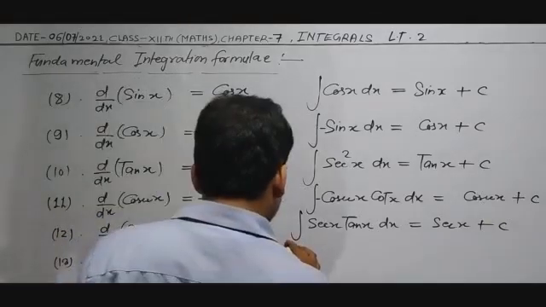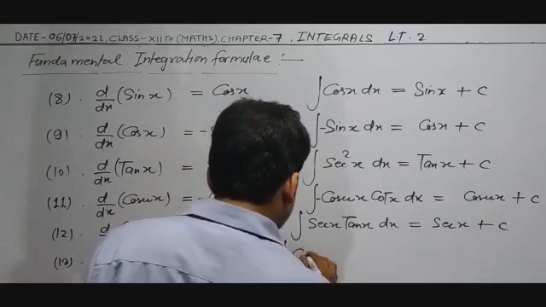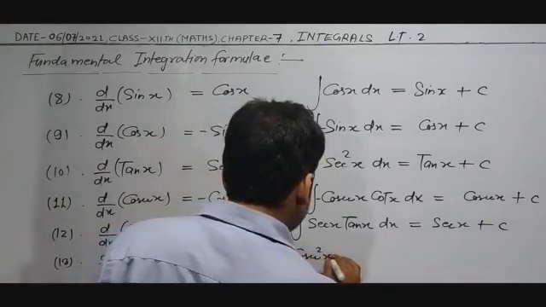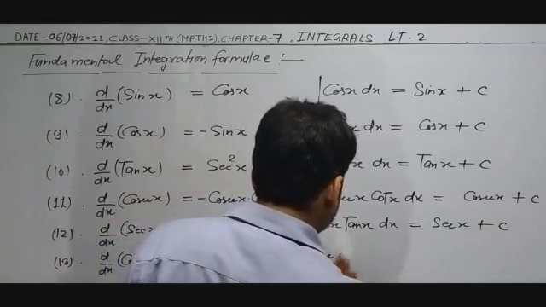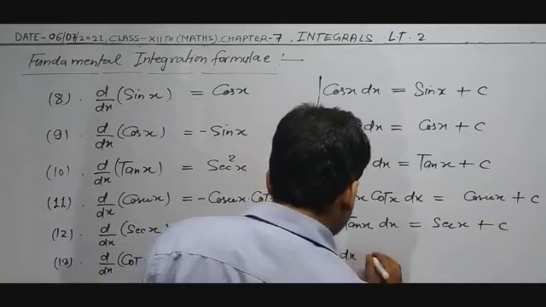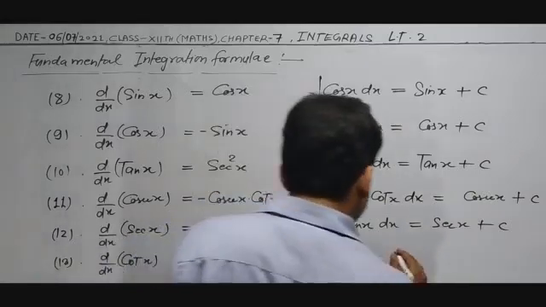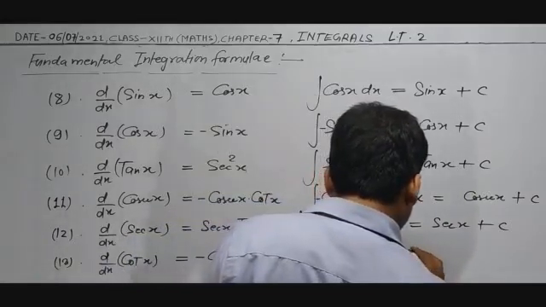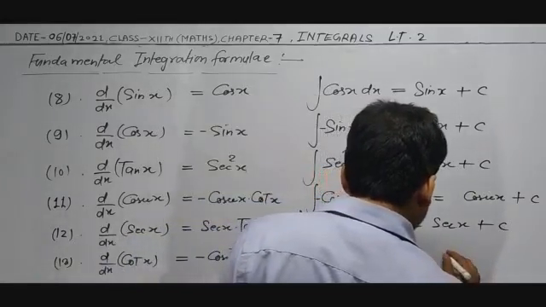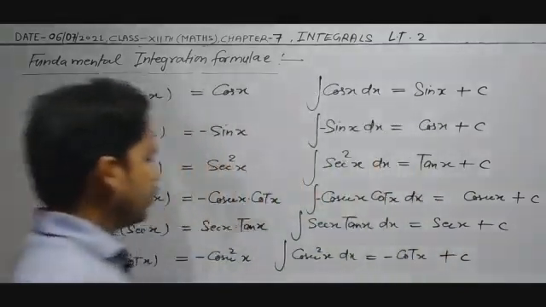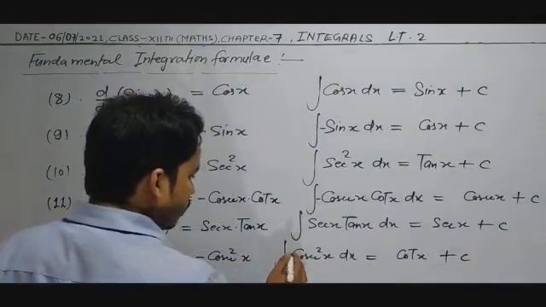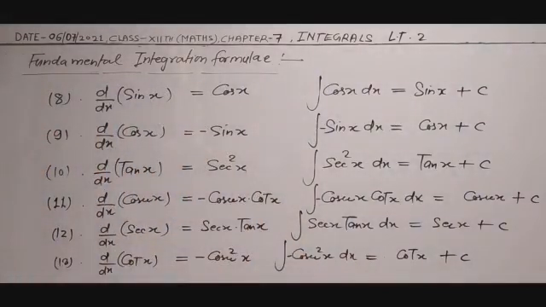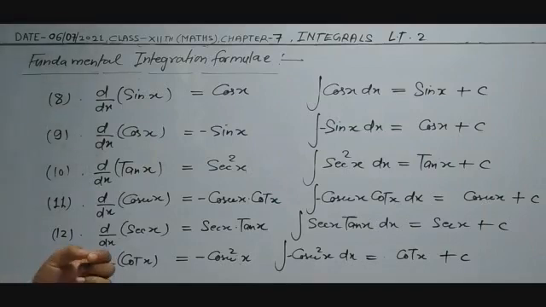So now integration of cosec square x dx will be equal to minus cot x plus c, and minus you can write here. So integration of minus cosec square x dx is equal to cot x.